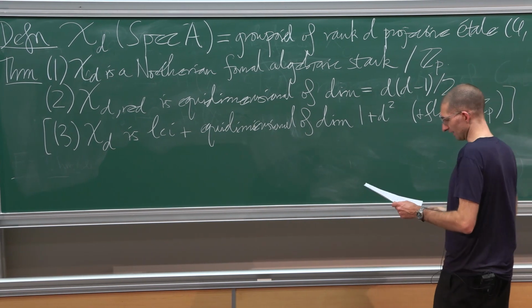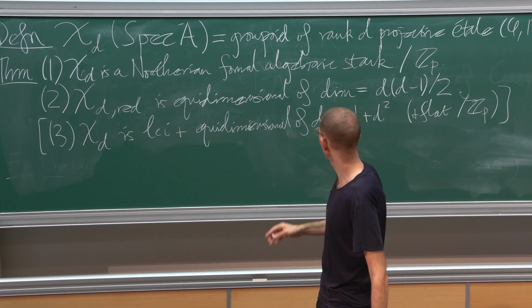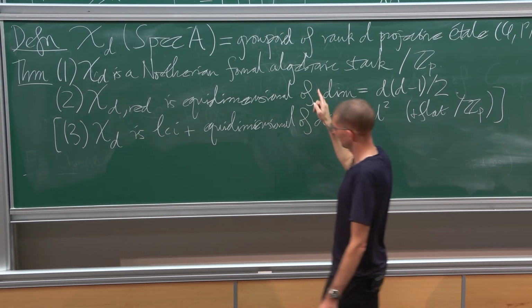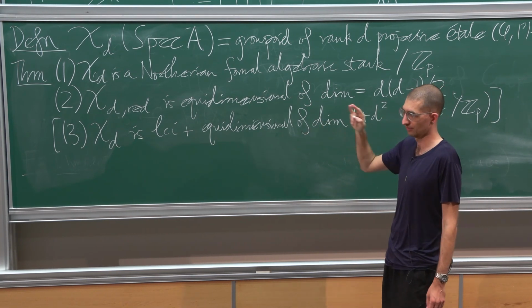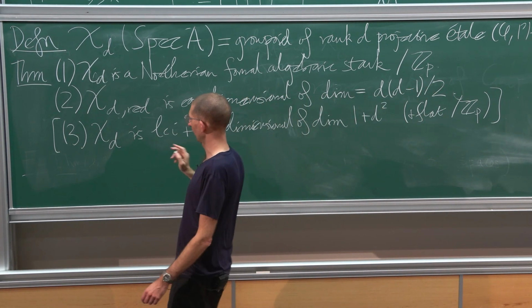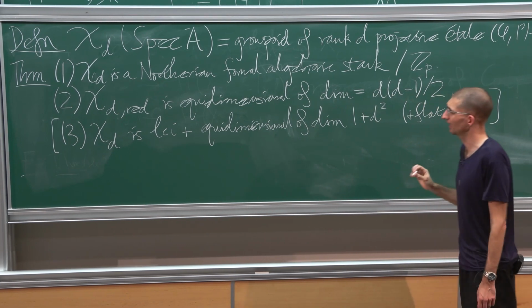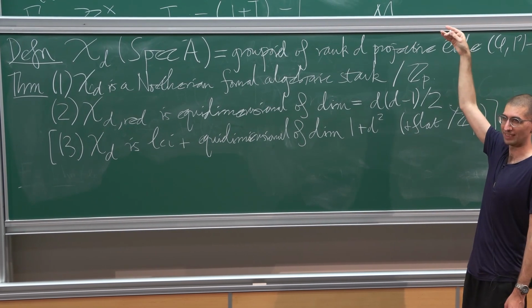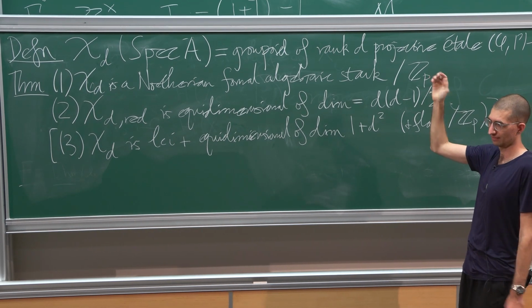The reason I put this in parentheses is I'm not sure that all of these concepts have been defined anywhere for Noetherian formal algebraic stacks, but this statement is true for the versal rings and was proved by Bartlett, Iyengar, and Proskunis. And perhaps I should say, what are the versal rings of this stack? Well, basically by definition and by Fontaine's theorem, they're the same as Galois deformation rings.